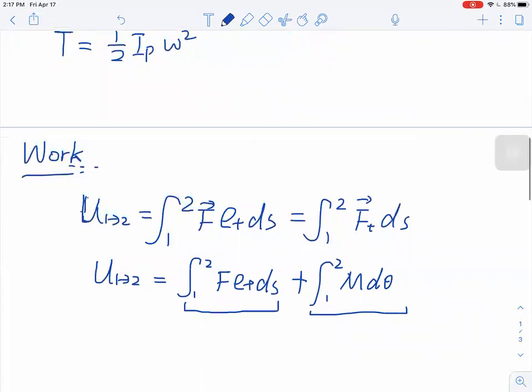The first term is the work done from the force. The second term is work done from the couple moment. And this is also called a force couple system. This is a more complex problem, and we're probably going to run into one example with work being divided into two parts, which is force and couple.